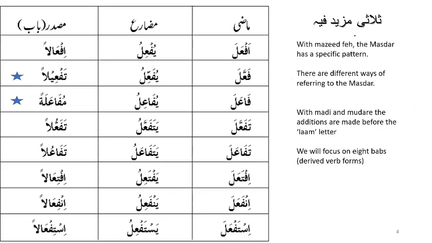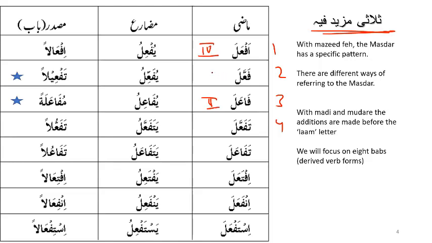However, when we talk about the abwab salasi mazid fi, the derived verbs, there are many different types, but the ones we will focus on are these 8. In a textbook that describes Arabic grammar in English, these are called derived verbs, and this one is called form 2, this is called form 4, and so on.